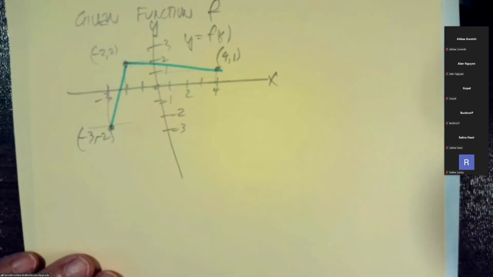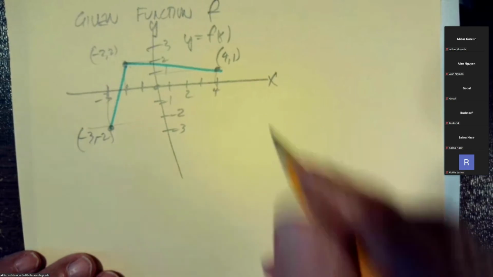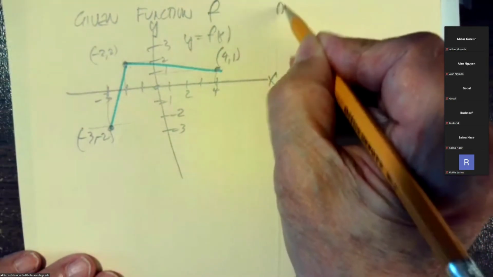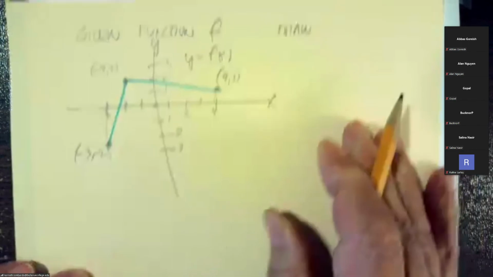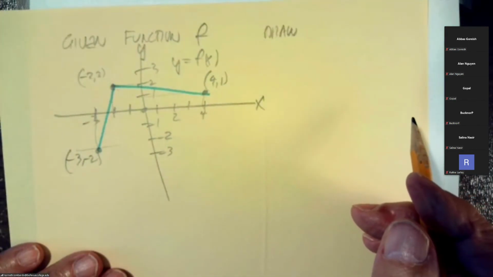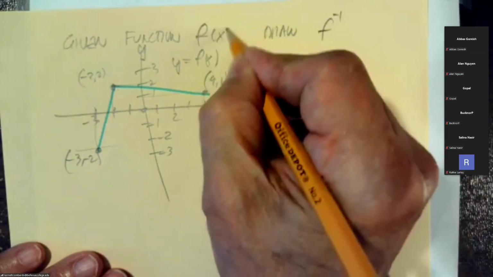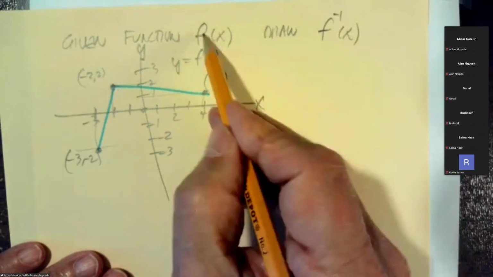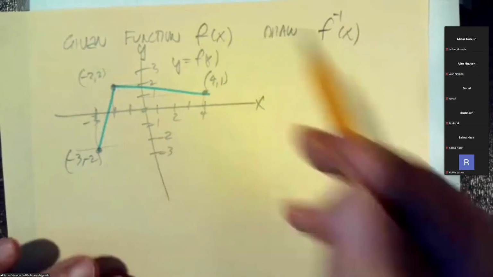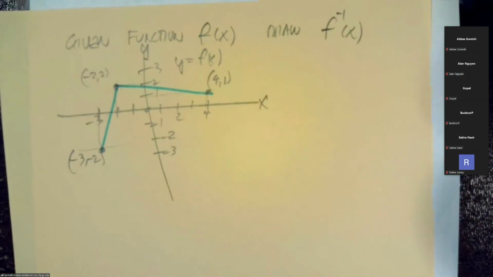And then I ask you to draw or sketch or graph or however you want to call it, the inverse. So here's the function. And I ask you to draw the inverse.